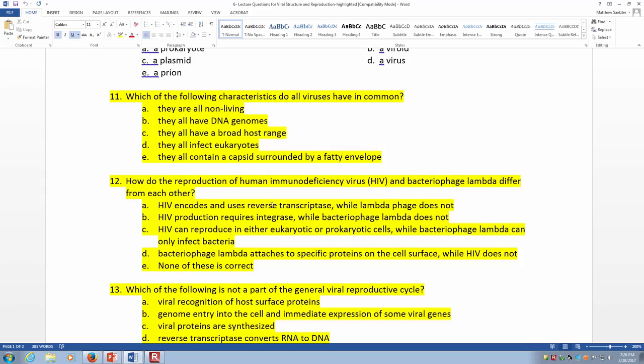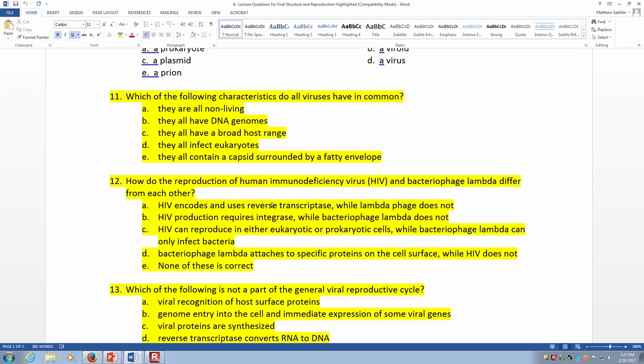They all infect eukaryotes, so that's not true because we talked about bacteriophages are viruses that infect bacterial cells. And then the last one, they all contain a capsid surrounded by a fatty envelope, and you know that that's also not true. We said that many animal viruses have an envelope, but we also gave you an example. The bacteriophage does not have an envelope, along with other viruses lacking an envelope around them.